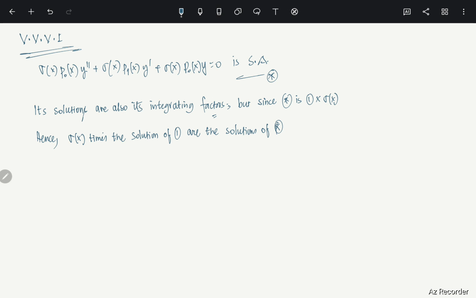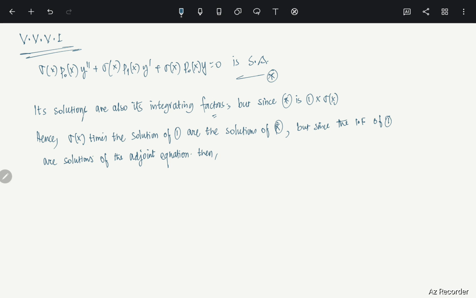But since the integrating factors of 1 are solutions of the adjoint equation, then what you have is... One second.